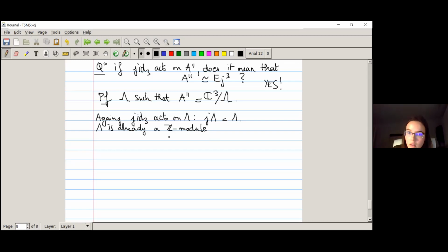So it's a Z module. And now, since it's a Z module and it has this linear action, so this is a linear action because you act by a matrix, lambda is also a Z[j] module.